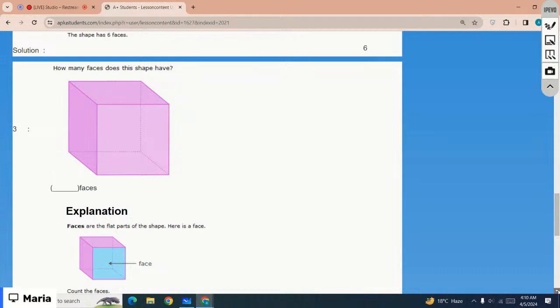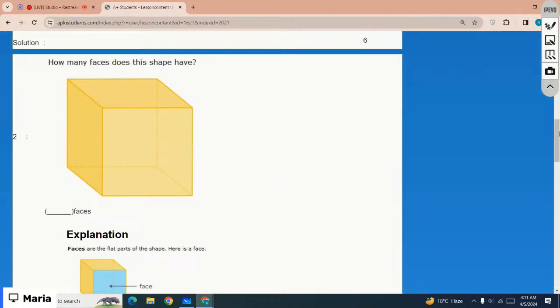Which is the correct option? That's a cube, and a cube has six faces.